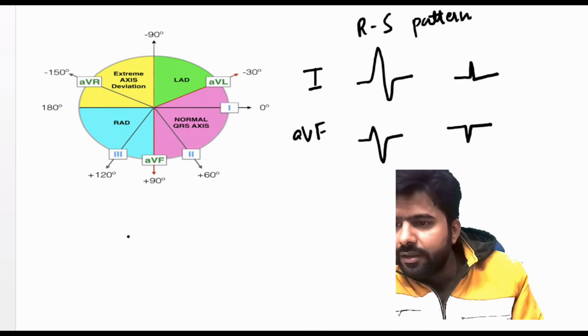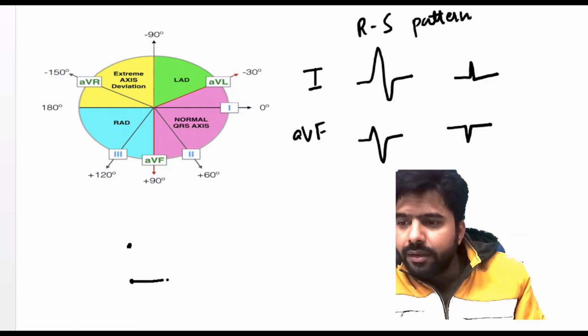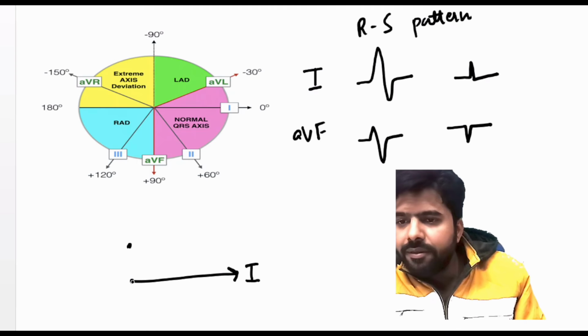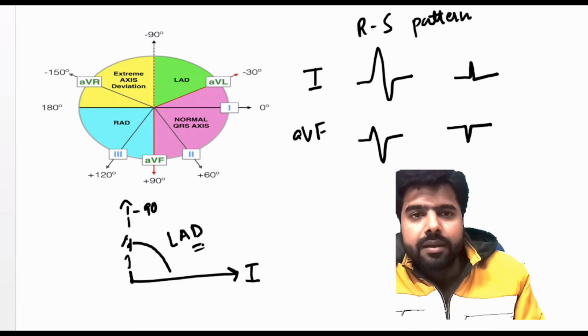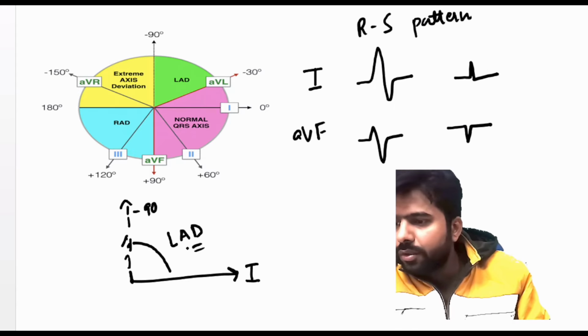So in lead 1 it is positive, but AVF is negative, so this is a left axis deviation. Are you getting my point?